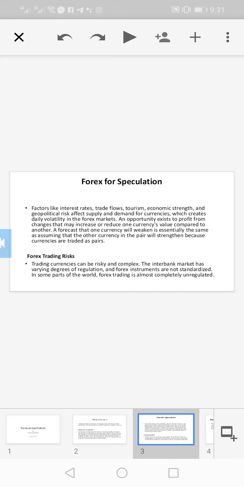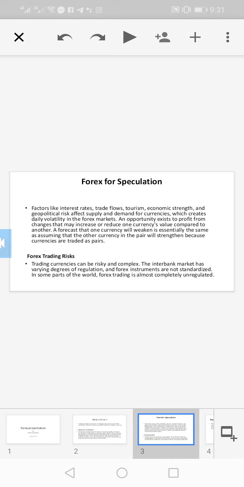Or if you bought euros, then you say let me sell the euro because I think it will lose value. Okay, because you have more euros. Okay, you need to capitalize on that move. If the euro loses value, you need to capitalize on that. If the euro gains value, you need to capitalize on that.